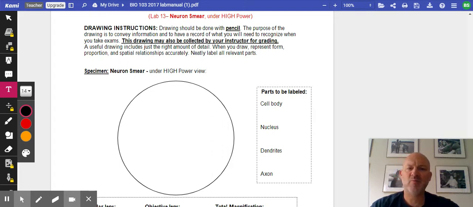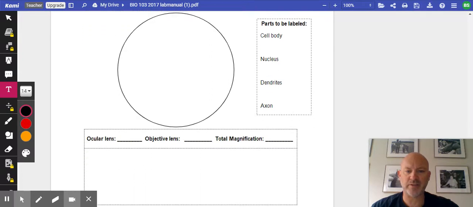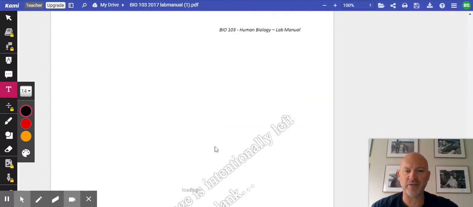The cell body is the area that holds the nucleus. There's the nucleus. And we have one long section called the axon. So this is going to be your microscopic observation. Try to draw those parts, and label these parts too, please, and fill in this information as well.